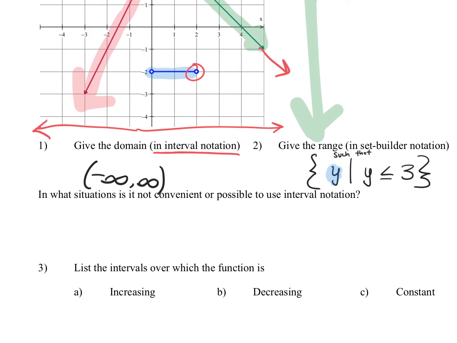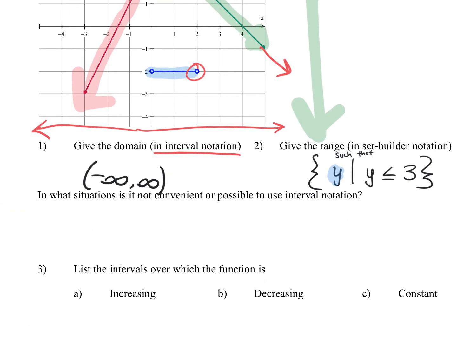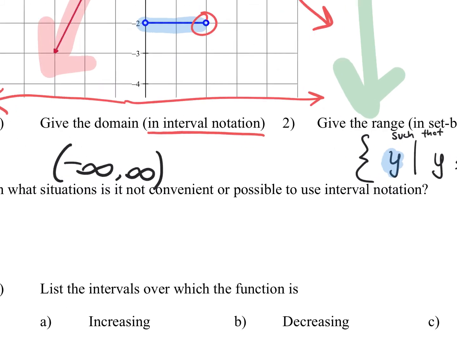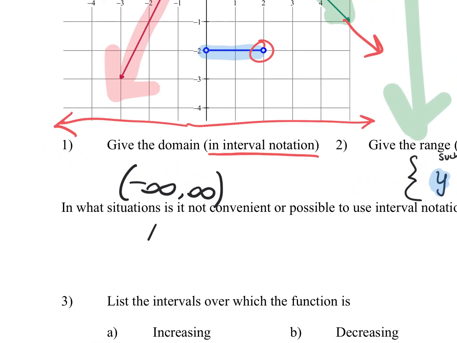So why would we use set builder over interval notation? Not all domains are intervals. If I had all the integer values, I wouldn't want to list out all the integer values, 1, 2, 3, 4, 5.